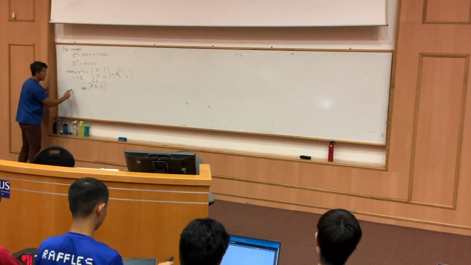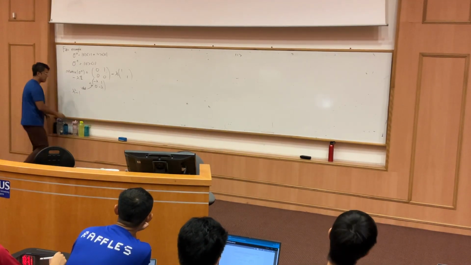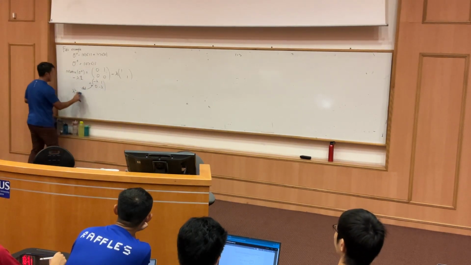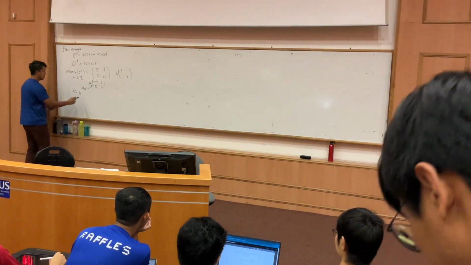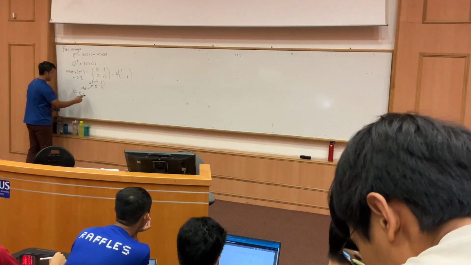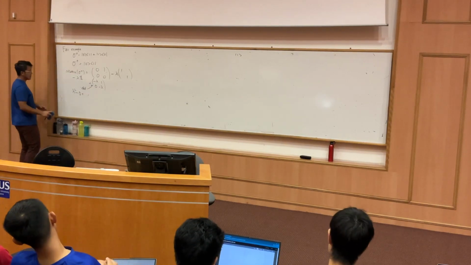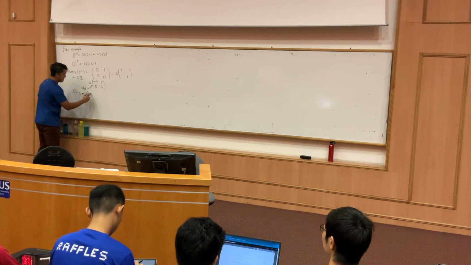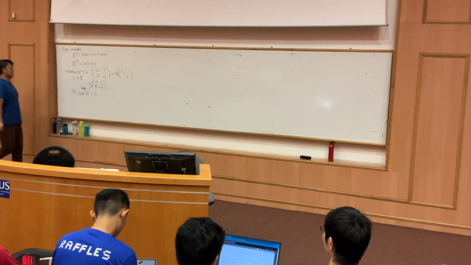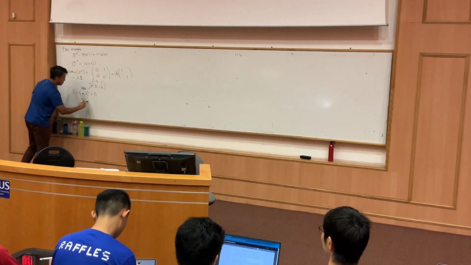And then if I find the determinant of this guy, I will get lambda squared minus 0, equals to 0. I'll get lambda squared minus 0 equals lambda squared. And then I want to solve it, I get 0. So this means that lambda equals to 0.